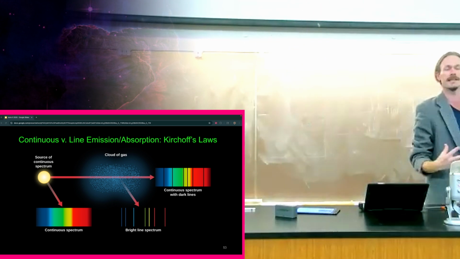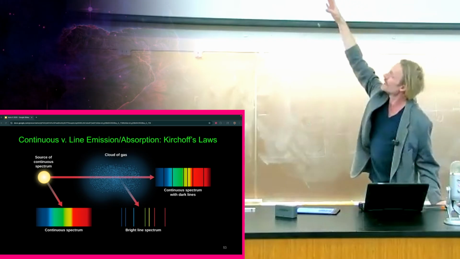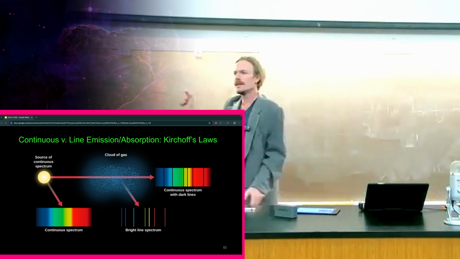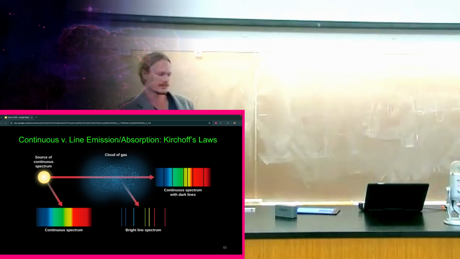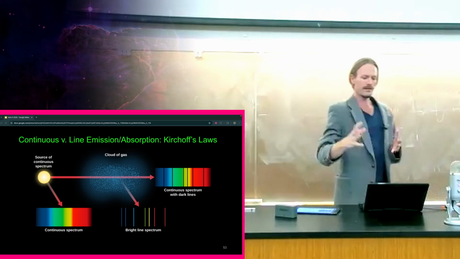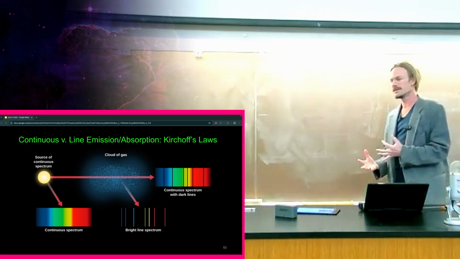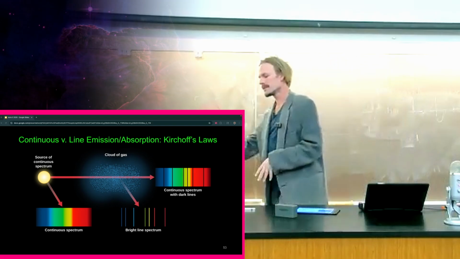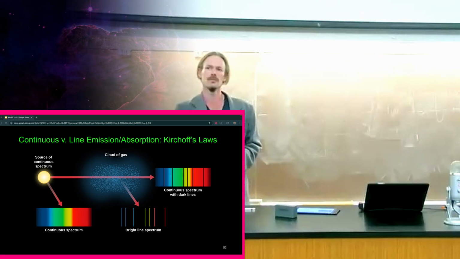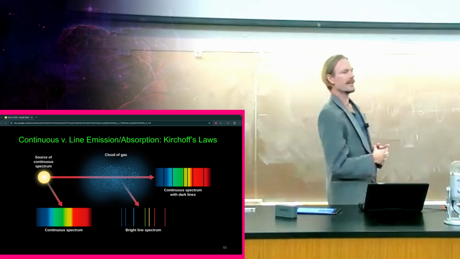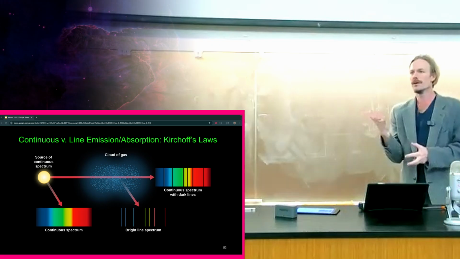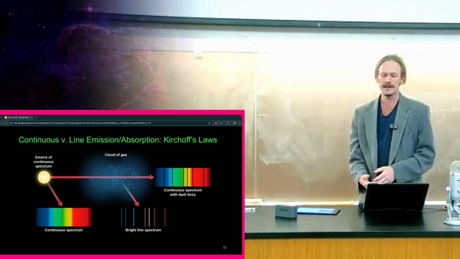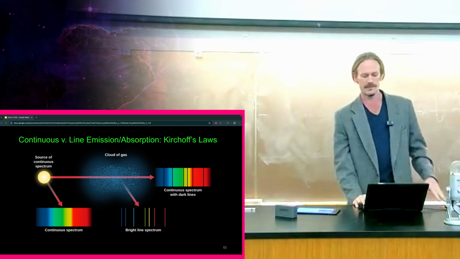And we can learn a lot about that gas because as the gas absorbs some of that light, it takes out those colors, right? So we can learn from the fingerprints of, say, the gases and the dust and the particulate matter. I'm just going to stick with gases, but we can learn a lot about what sorts of gaseous stuff is in between stars by the overlaid fingerprints on that nice, clean, continuous spectrum.